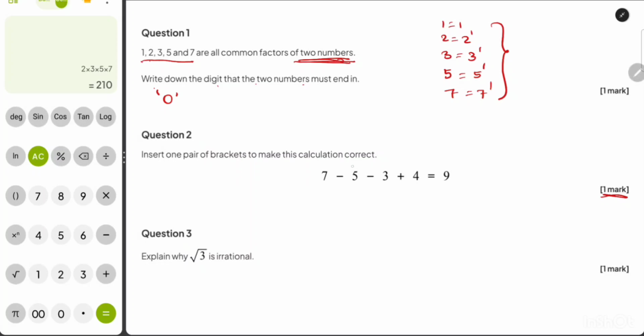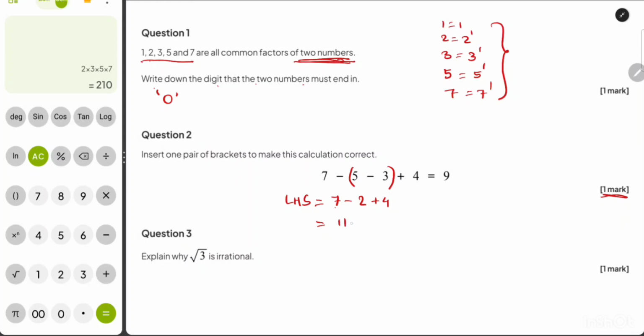So I already know the answer, so it will be here only. If you solve this LHS, 5 minus 3 will be solved first because it is inside the bracket according to the BODMAS rule. So 5 minus 3 is 2 only, and plus 4. Now according to the BODMAS rule, first these two will be added and then we'll subtract the 2, because in BODMAS addition comes before subtraction.